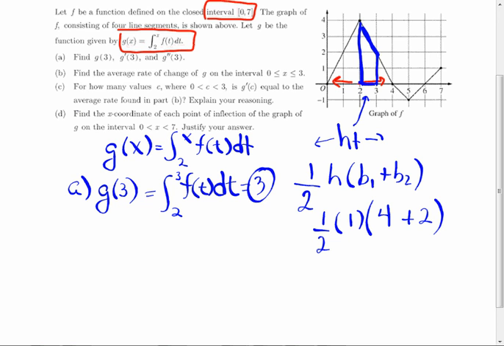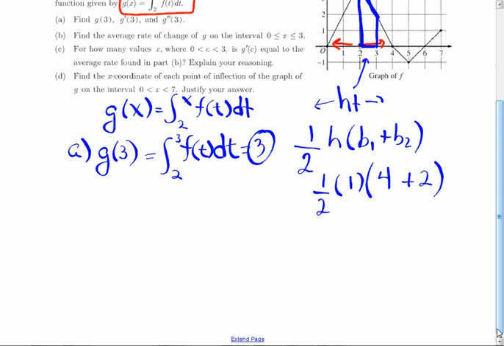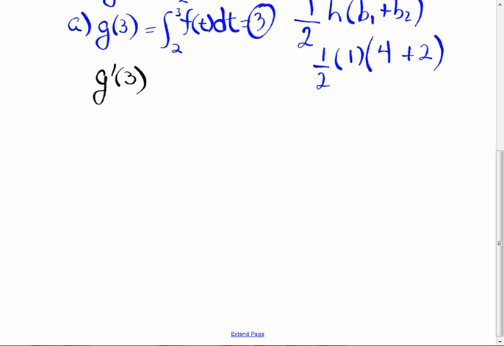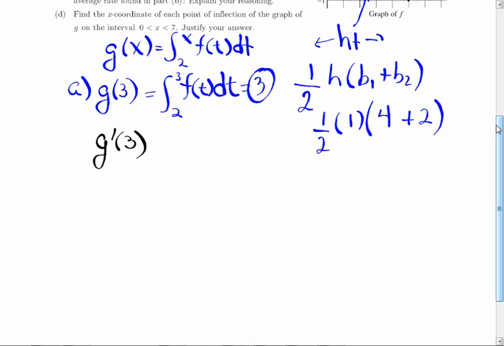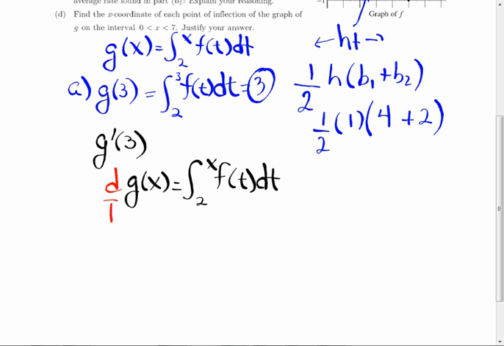Then it says to find g prime of 3. Now, they didn't directly say find g prime of x, but it seems like that would be a smart way to do it. G prime of 3, and you get the point for knowing what g prime of x is. So if g of x is equal to this, then if I take the derivative of that with respect to x, do you recognize it? What is this? The second fundamental theorem of calculus, part 2.